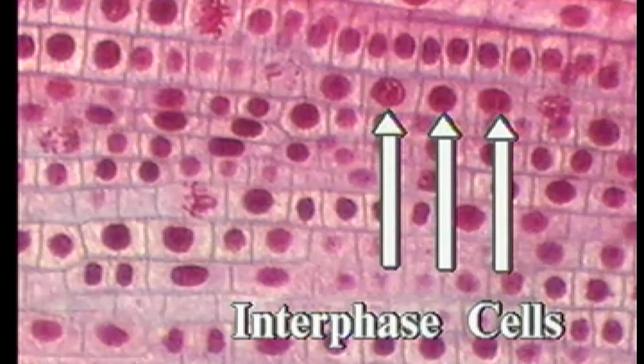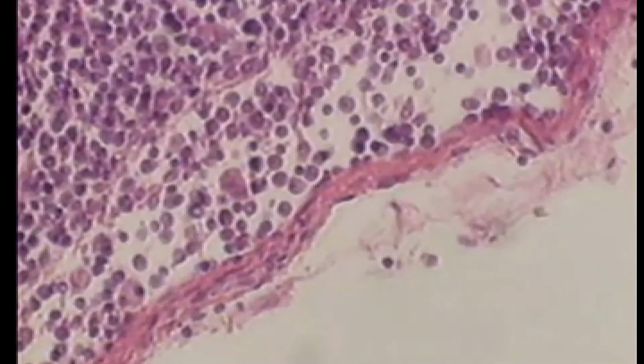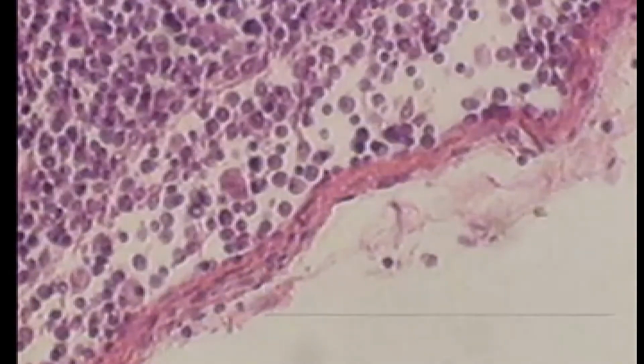These are interphase cells. Average human cells, such as these that form connective tissue, spend about 19 hours in interphase and only between 50 to 90 minutes in mitosis and cell division. However, there is considerable variation among different types of cells as to how much of their life cycles are spent in interphase and in mitosis.